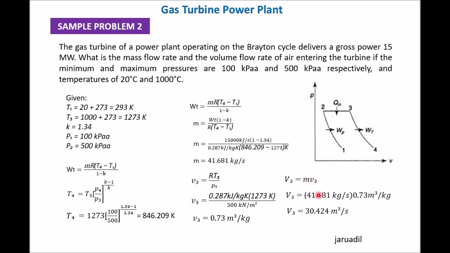By substitution, the mass flow rate, right? So, this is mass flow rate, kilogram per second, times the specific volume. We have here the volume flow rate in cubic meter per second. So, the answers will be this one, 30.424 and 41.681 kilogram per second.